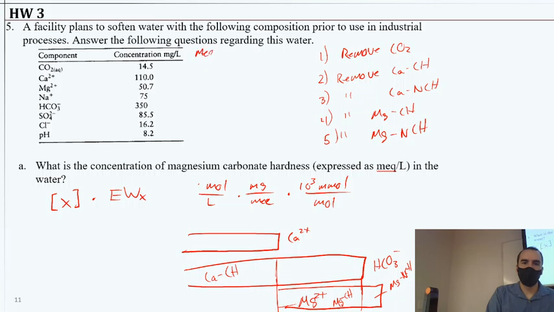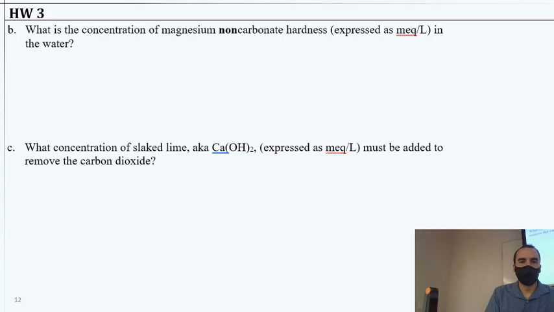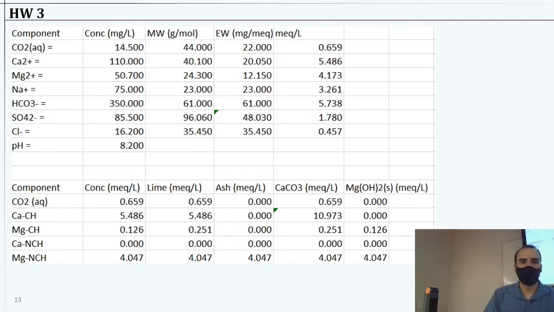So essentially just solve all these for milliequivalents per liter, and then you can get these answers, which I'll come back to. But this is what it looked like for me. I went ahead and wrote out each component, the molecular weight, the equivalent weights, and then converted that to milliequivalents. And then I went on to a second table where I was doing these components of those reactions, because these were those 5 reactions, right?